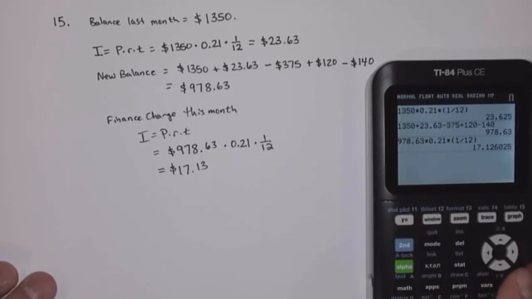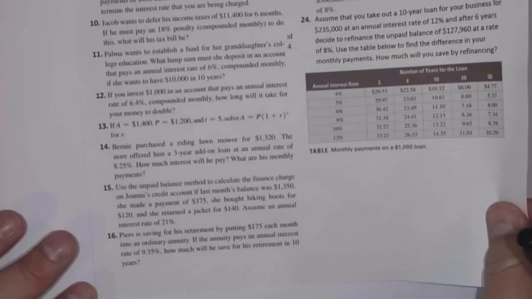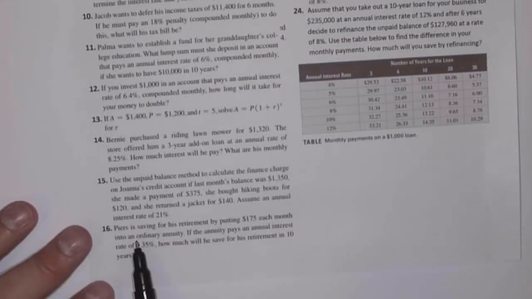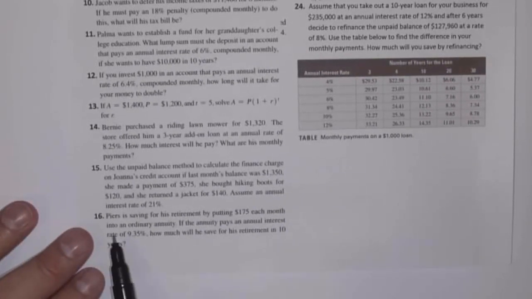Let's take a look at number 16. Piers is saving for his retirement by putting $175 each month into an ordinary annuity. If the annuity pays an annual interest rate of 9.35%, how much will he save for his retirement in 10 years?